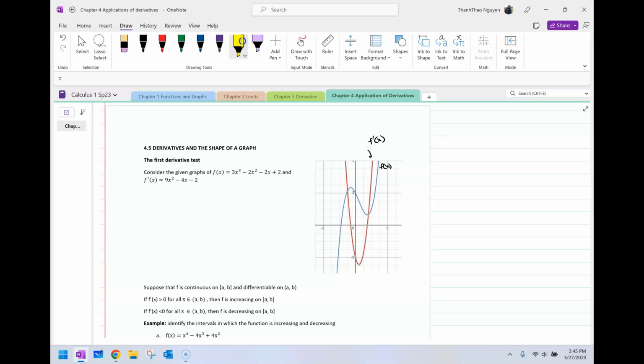Note that when f prime of x is positive, let's call this interval a and b, or let this look like it's 0.5, so this is negative 0.5, and this here is 1.5. So let's consider this graph here.